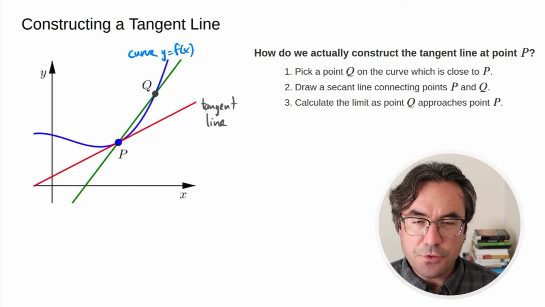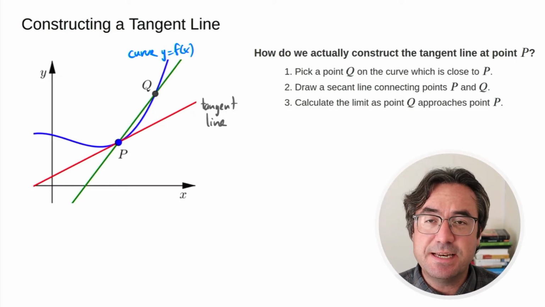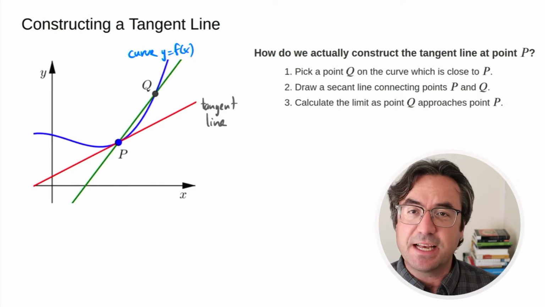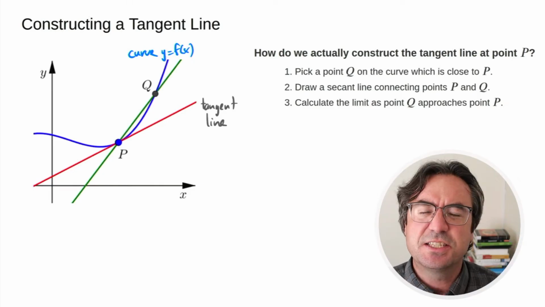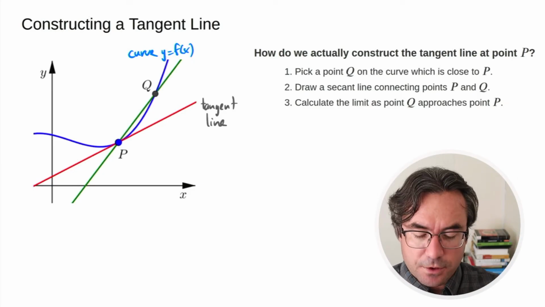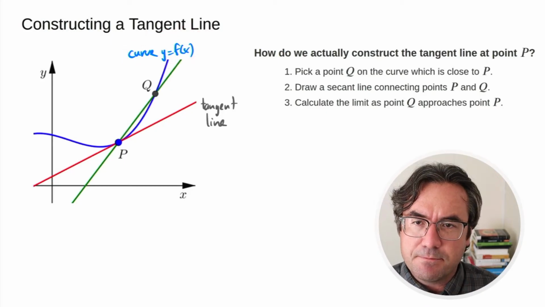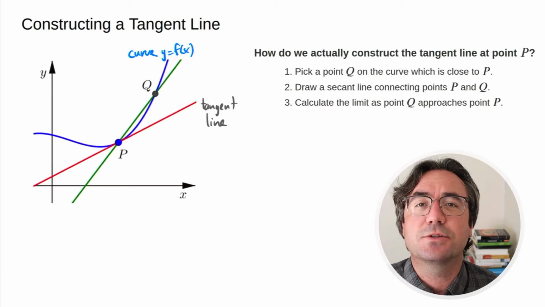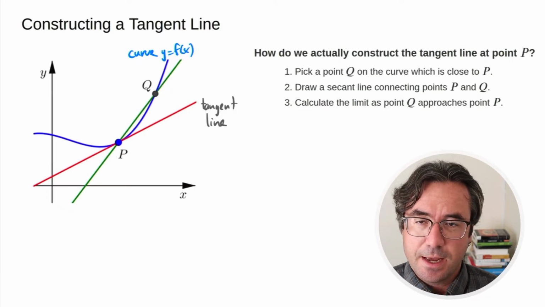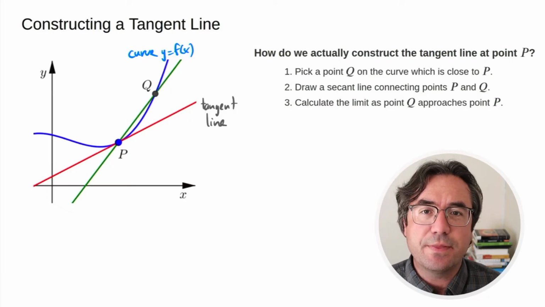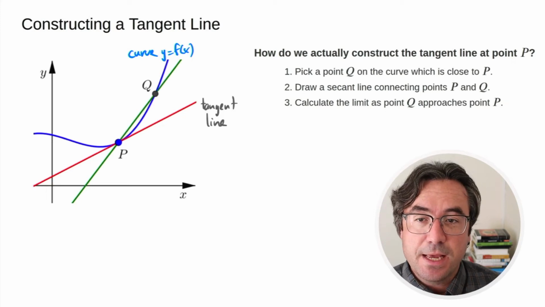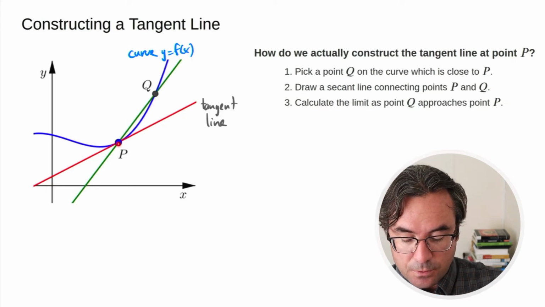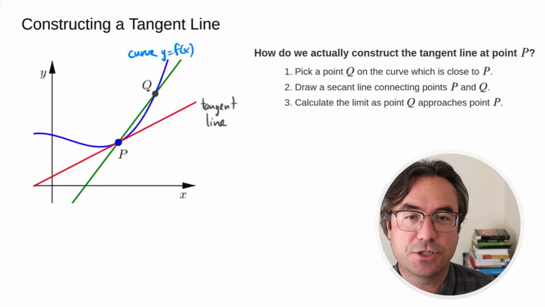Well, the construction is not as nice geometrically as it is with a circle. There's a set way to do it with a circle, but for a general curve, on the surface, it looks like there's not a similar strategy. The idea, and what we've been doing that leads up to this, is that we sneak up on our tangent line.